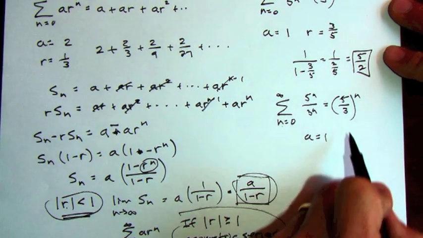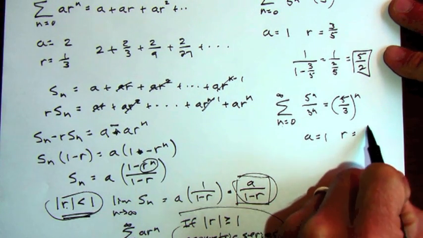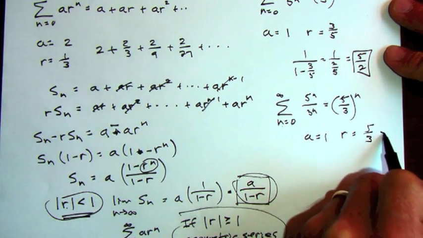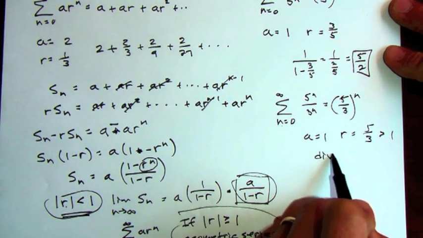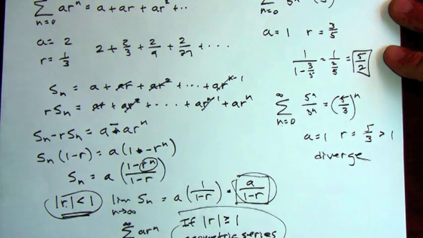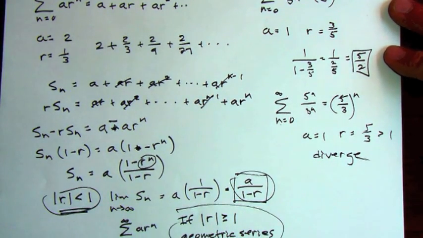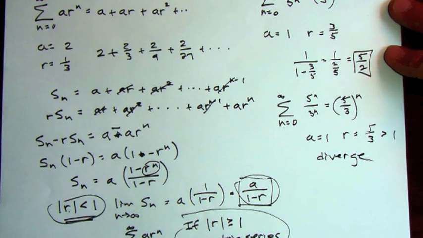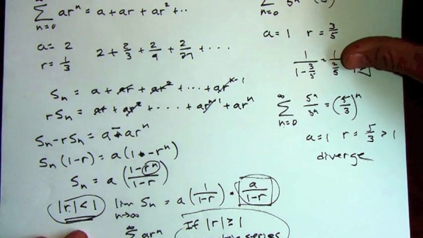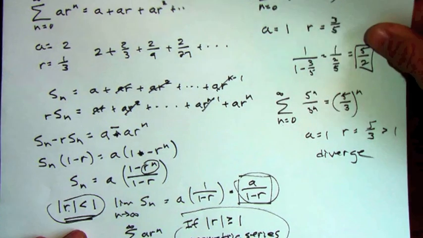These terms are getting larger and larger, right? So with r equal to 5/3, which is greater than 1, we know that this series will diverge. So if we have a geometric series, it's pretty straightforward to determine if it converges or diverges, and if it converges, what it converges to.